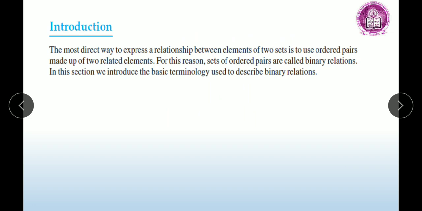So what is a relation from set A to set B?